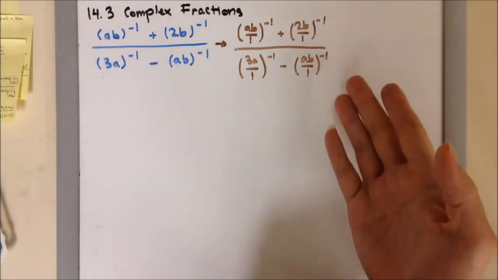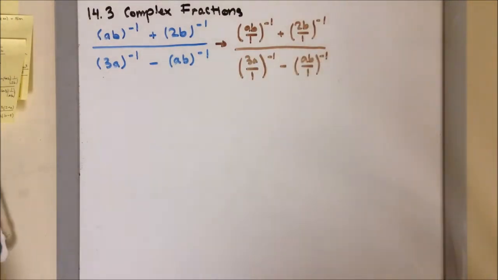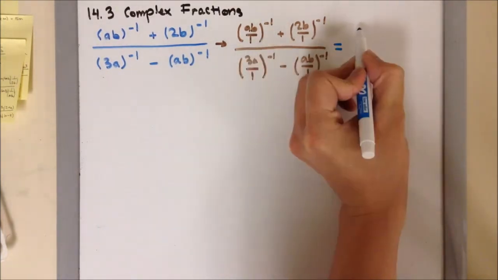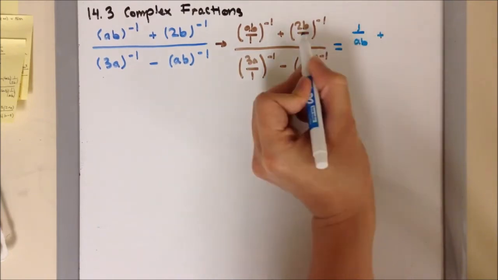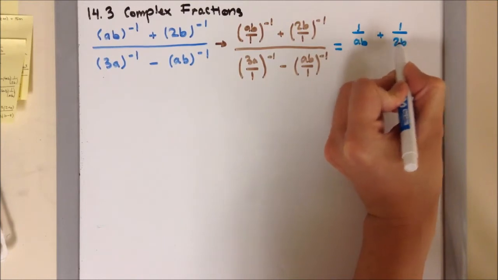When it's being raised to the -1 power, you're basically going to do the reciprocal of the fraction, meaning you're going to flip it. So when you flip it, AB over 1 will simply become 1 over AB, and then plus 2B over 1 will become 1 over 2B.